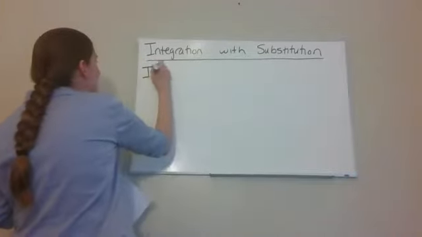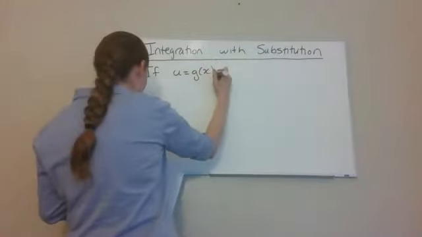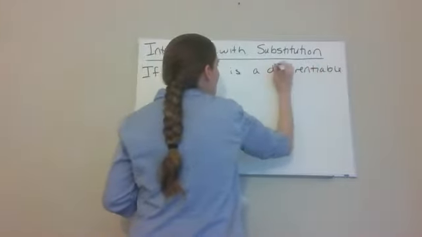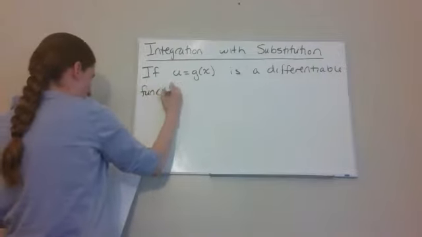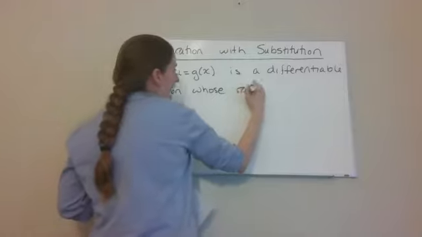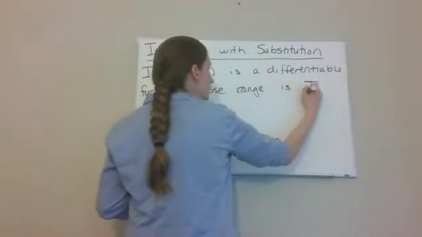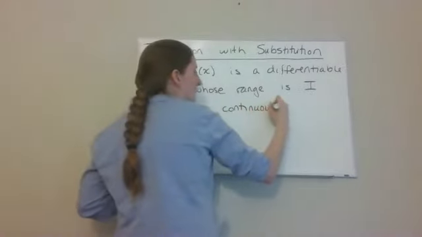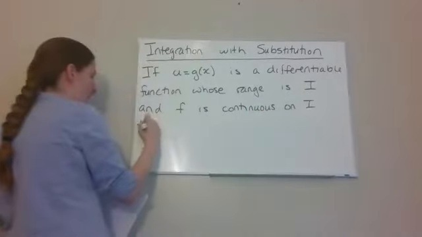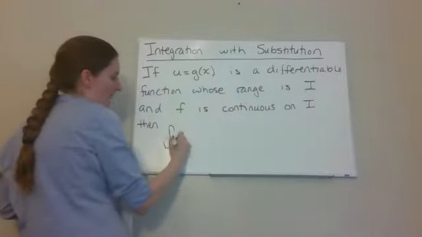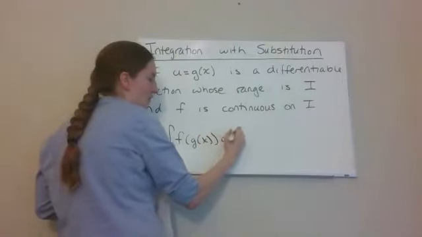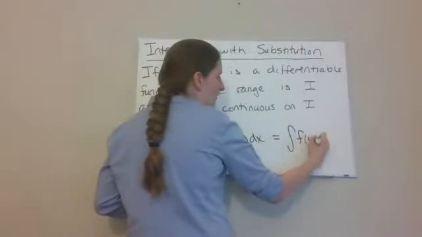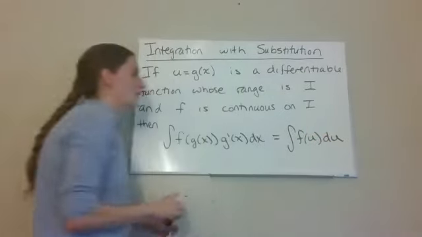It says that if u is some function g of x, and that is a differentiable function whose range is an interval I, and f is continuous on that whole interval, then the indefinite integral of f of g of x times g prime of x with respect to x is equal to the indefinite integral of f of u with respect to u.